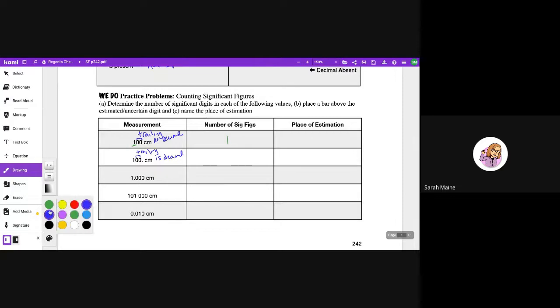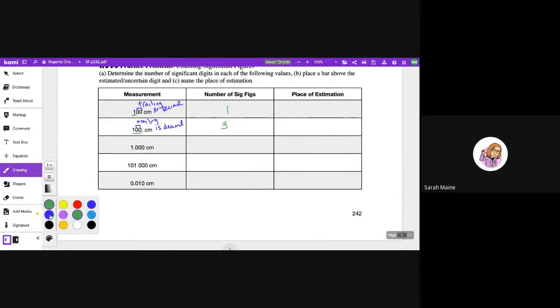In this case, the non-zero digit of 1 and the trailing zeros, because of the decimal point, are considered significant. So now I underlined 3 digits. So this number has 3 significant figures.